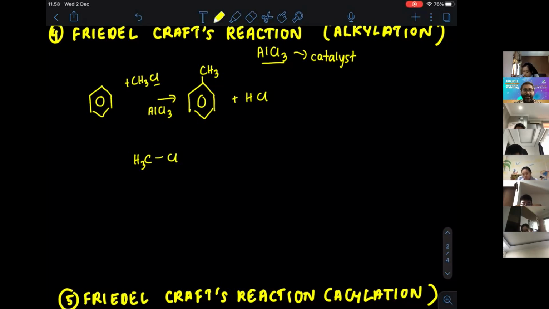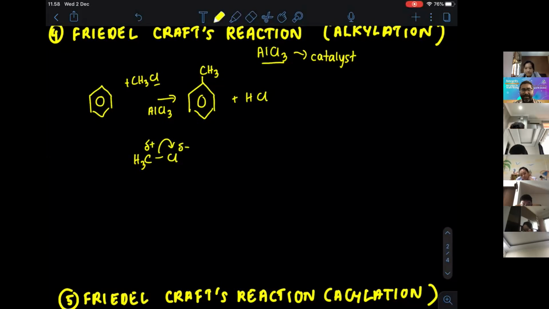The Cl is more electronegative, so it will pull the electron. So you do not need to talk about polarization, they are polar themselves. The electrons are pulled towards the Cl, so you get delta negative, and this one is delta positive.